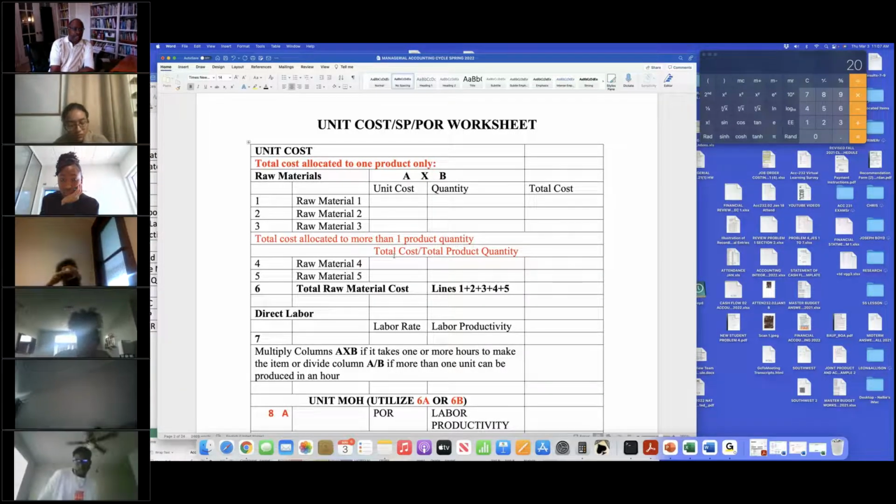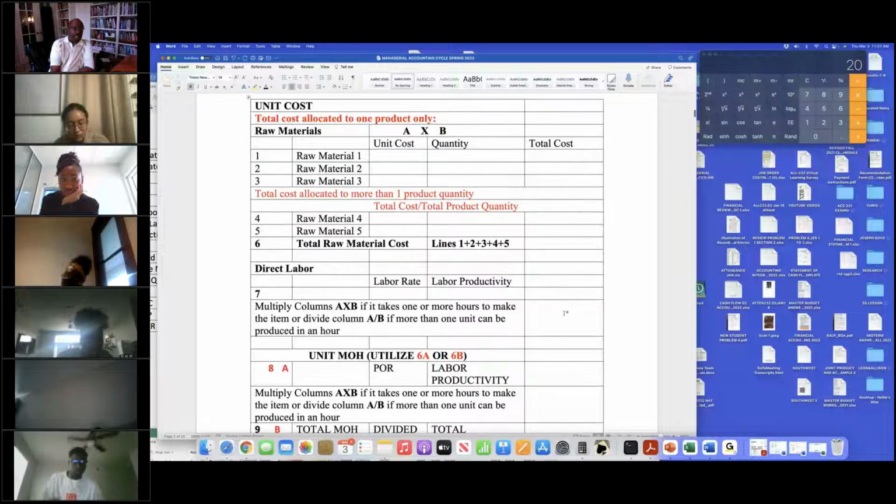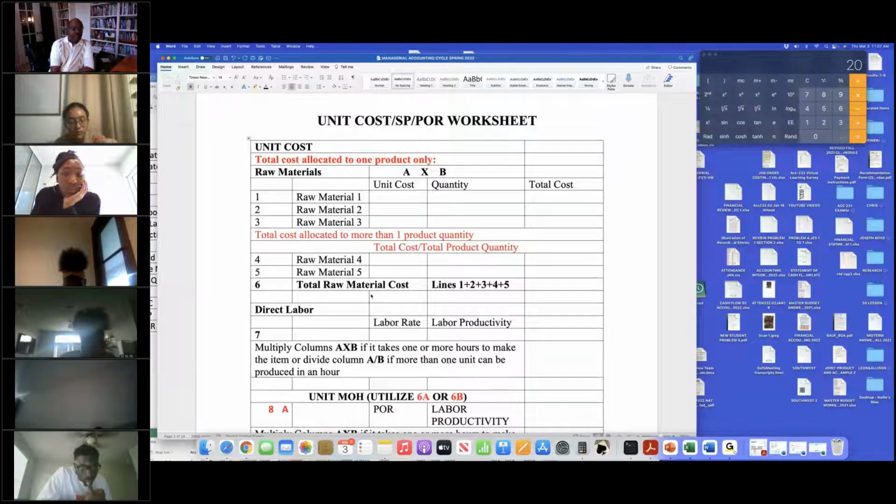The second item is direct labor. For our direct labor, it's the labor rate times productivity. And we said if it takes one or more hours to make the item, you multiply. Or if you can make more than one item in an hour, you divide. So the first cost in getting this unit cost is raw materials, the second one is the direct labor, and the third one is the manufacturing overhead.